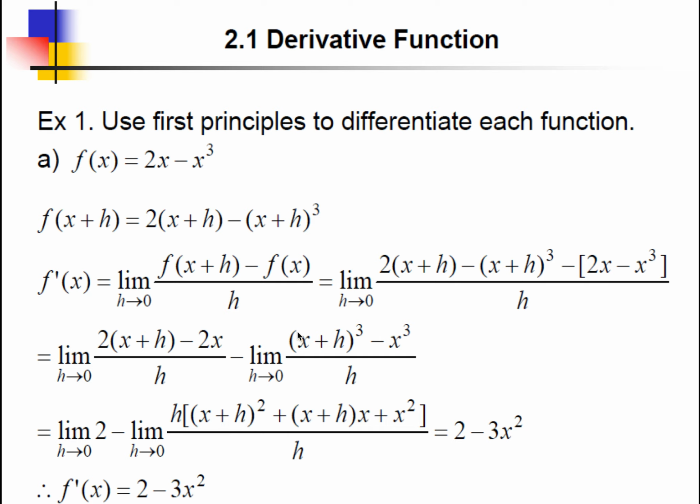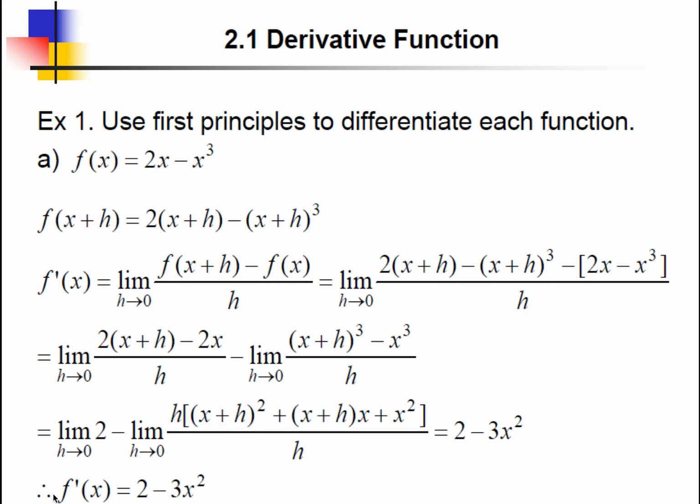Now I will show you how we simplified this in class. I have a small whiteboard. We basically applied the a cubed minus b cubed formula, but I will show you how we did that in class. Then h cancels with h, then we got that 2 minus 3x squared.